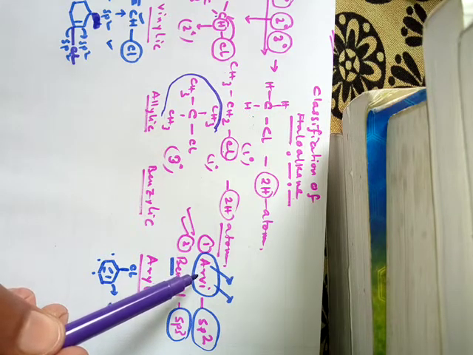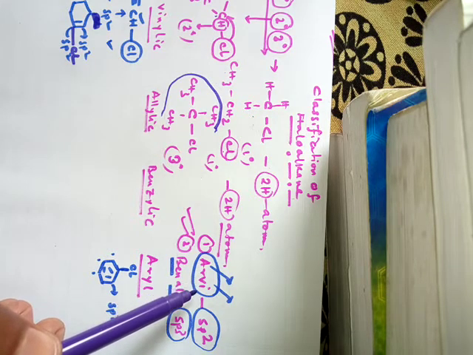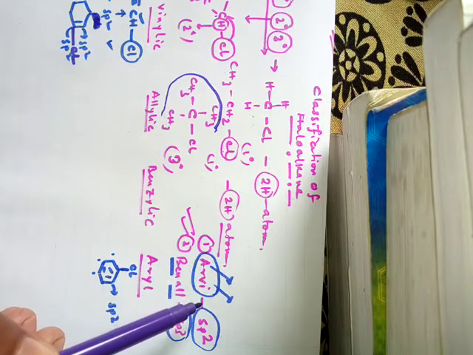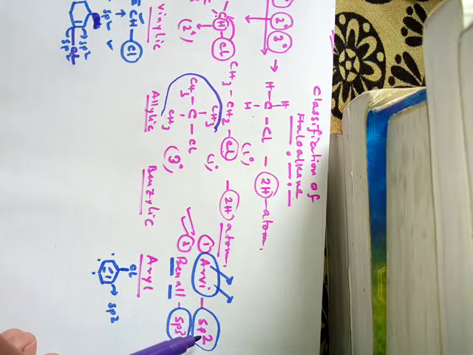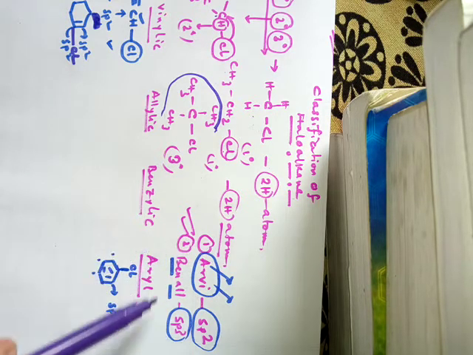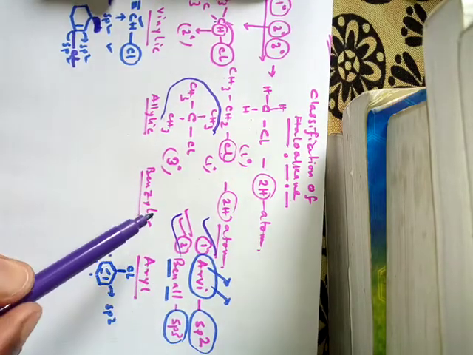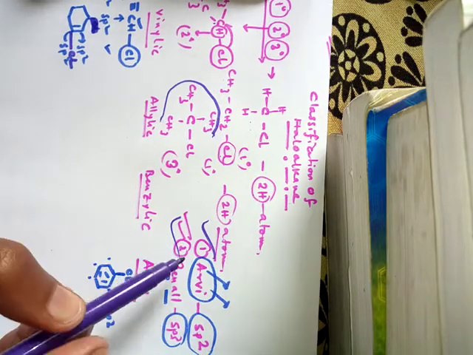AR means aryl, VI means vinyl. In these halides, the chloro group, that is the halo group, is directly attached with the sp2 carbon atoms, and in the case of benol, sp3. You have to remember these two things, RV and benol.